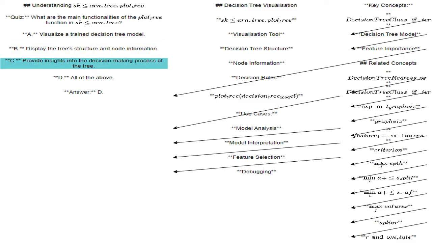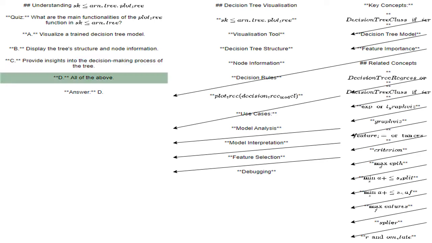This function provides a textual representation of the decision tree, creating a human-readable representation of the decision tree. The export text function can be used to create a text-based visualization of the decision tree used to classify email messages as spam or not spam.